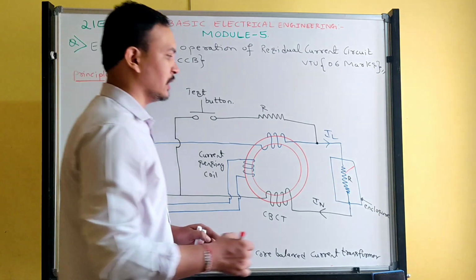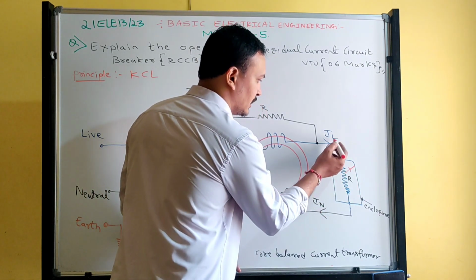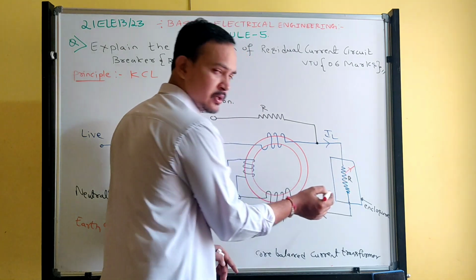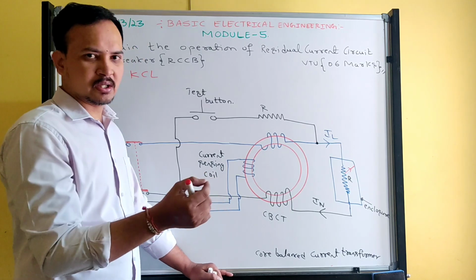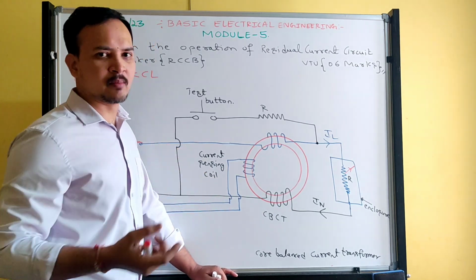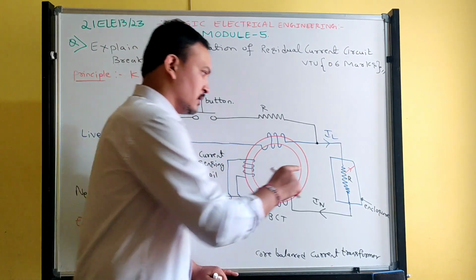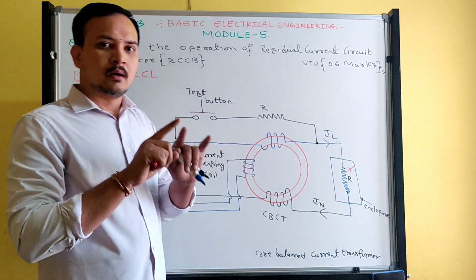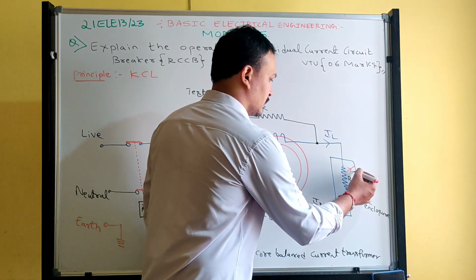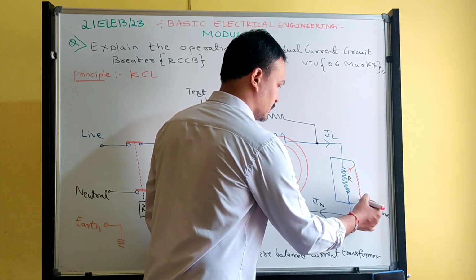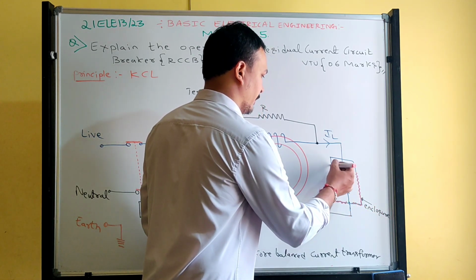The line current is flowing in the machine winding. If due to high temperature or some abnormal condition the conductor breaks down and touches the frame of the machine internally, then what happens? Current starts flowing in the machine frame.